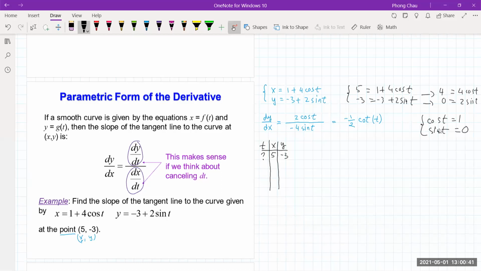So what gives you cosine 1 and sine 0? What value of t? I think clearly you can see that t has to be 0. When t is 0, cosine 0 is 1 and sine 0 is 0.